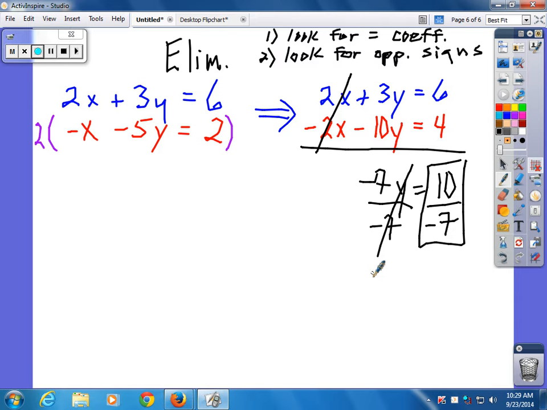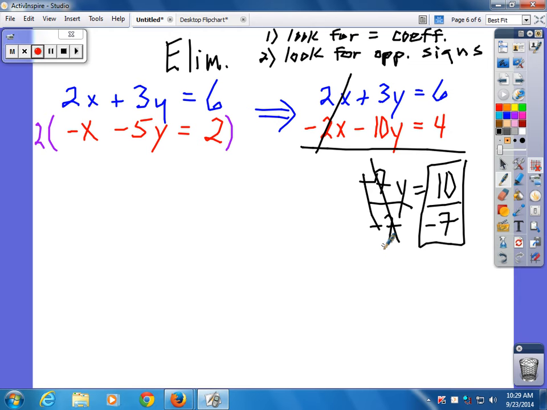Sorry, that was incorrect. Negative, oh, doesn't matter where the negative is, it's still negative. Okay, negative 7y. What about the equation stuff? Oh, 10. Okay.